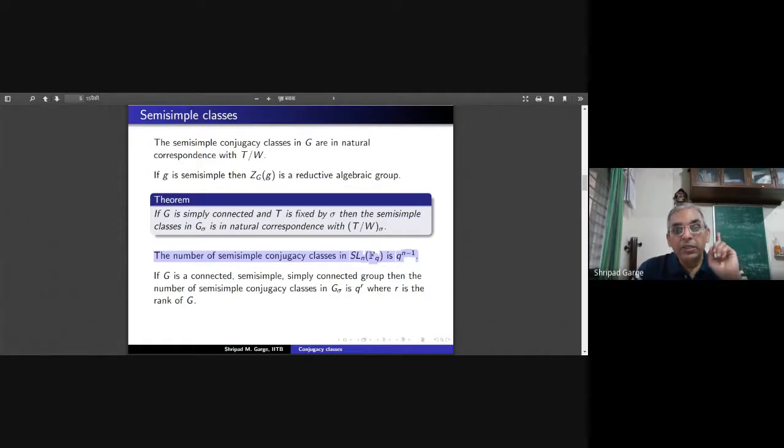Okay, so if there are two diagonal matrices which have the same characteristic polynomials, then those matrices are conjugate inside SL_n or inside GL_n. Therefore, to look at semi-simple conjugacy classes in SL_n(F_q), all we have to do is to count the number of characteristic polynomials. The only possible characteristic polynomials will have the leading term fixed, which is 1, and the constant term fixed.